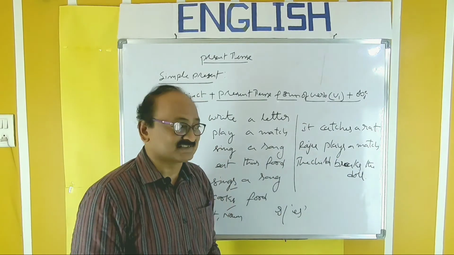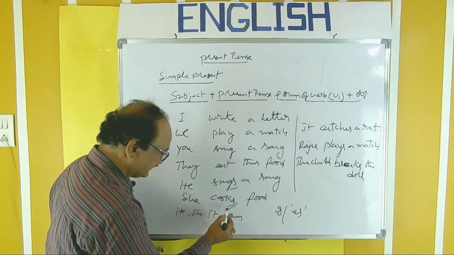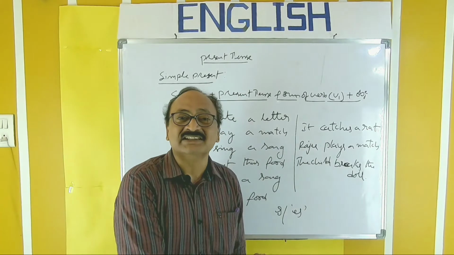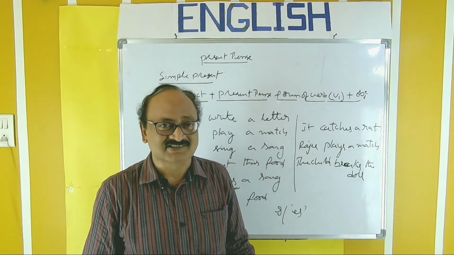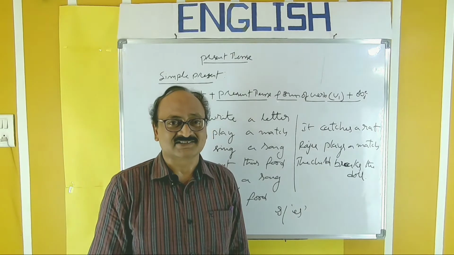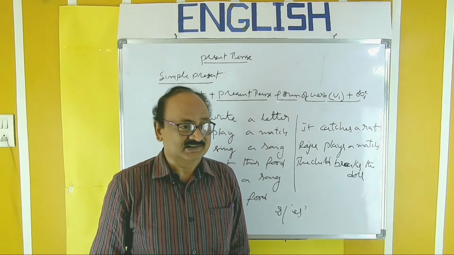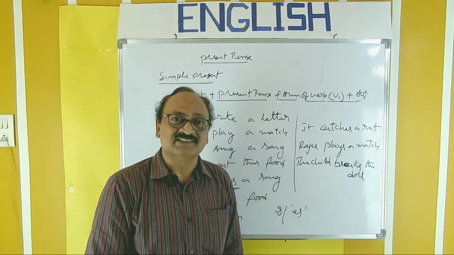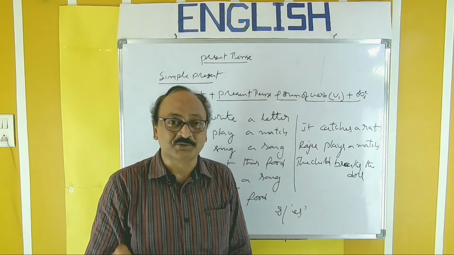And of course you may ask, why should we add extra s or es to the verb in this tense? It's a practice. Only rules come from practice. The native speakers of the English language start using it like that, and we have to follow that as a rule.